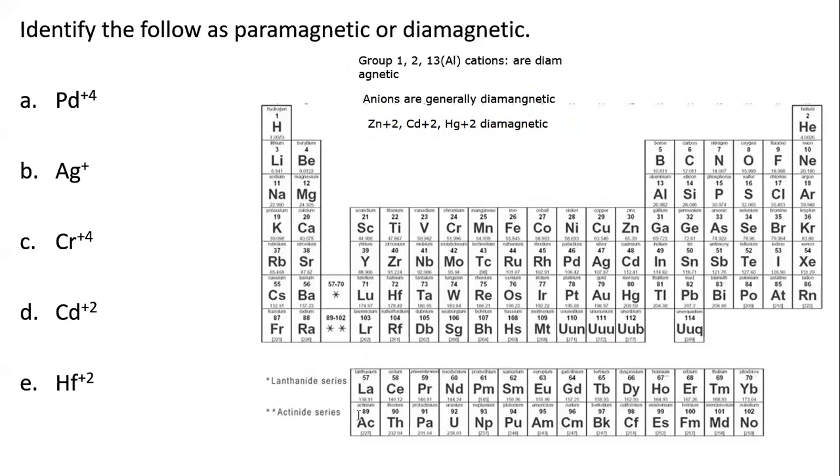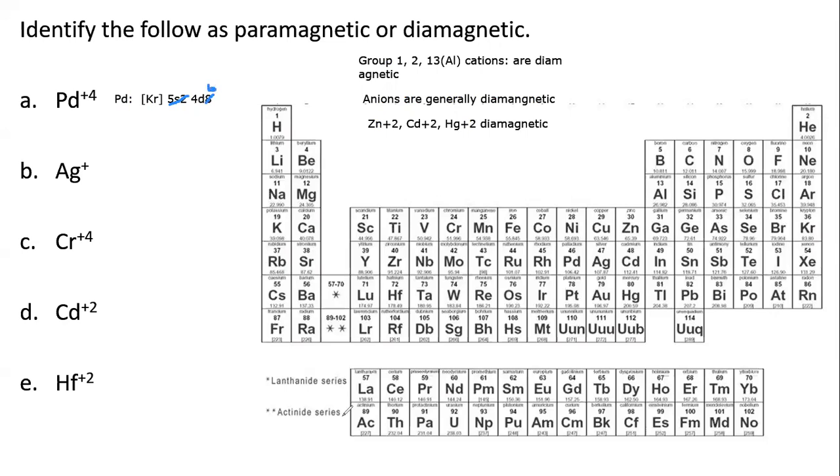So first we have palladium 4+. So we write the electron configuration of palladium. Be krypton, 5s2, 4d8. Now, it's palladium 4+. What does that mean? That means we take 2 electrons from the s orbital and we take 2 electrons from the d orbital.